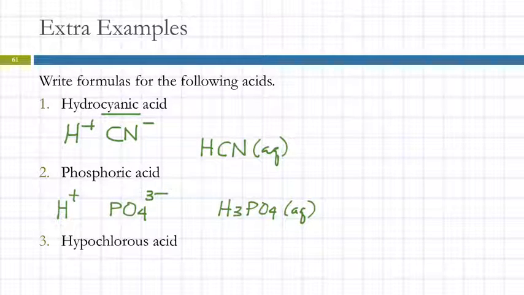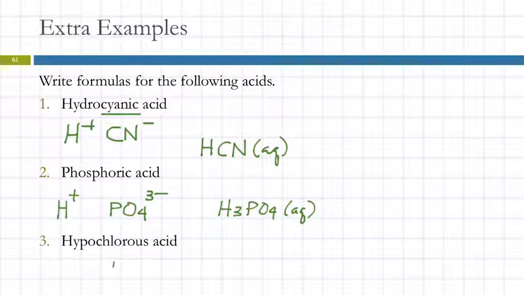How about hypochlorous acid? What kind of acid is it? Oxyacid. So the prefix hypo is a lot like the prefix hydro, but it's not the same. Hypochlorous comes from which anion's name? Hypochlorite.